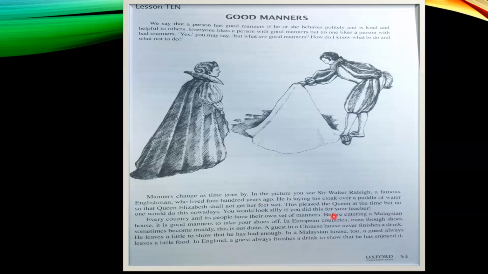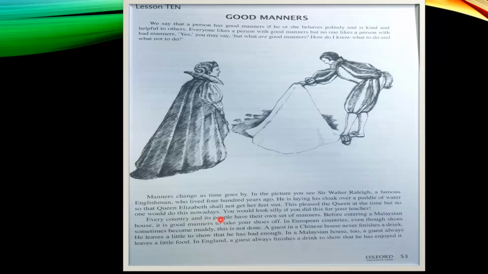Puddle means a kind of pond of water, water lying in the way. So he is going to put his cloak on the water so that Queen Elizabeth shall not get her feet wet. This is also, dear students, good manners. This pleased the Queen at the time, but no one would do this nowadays. Would someone do this today?